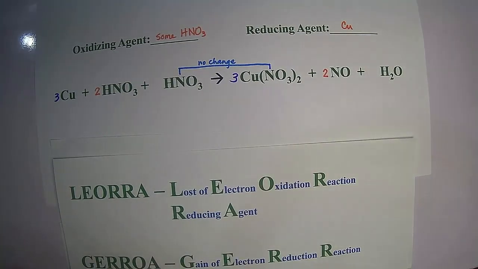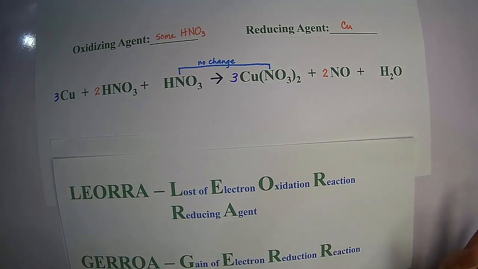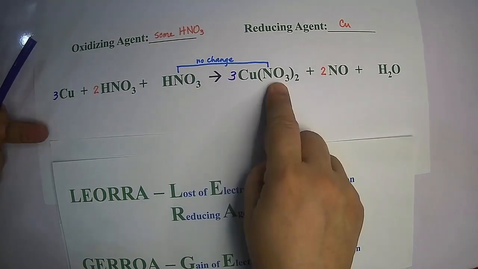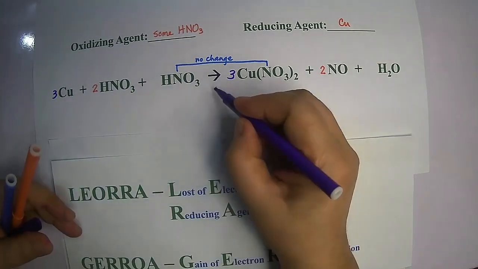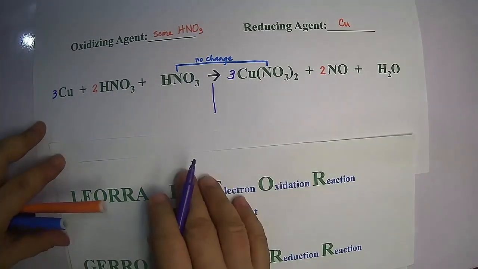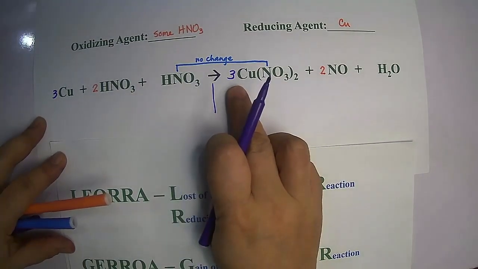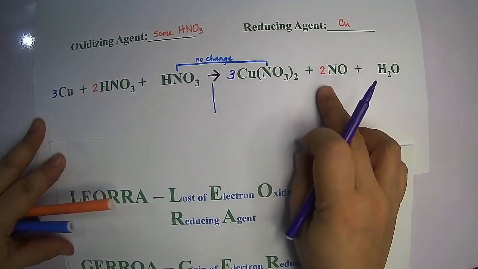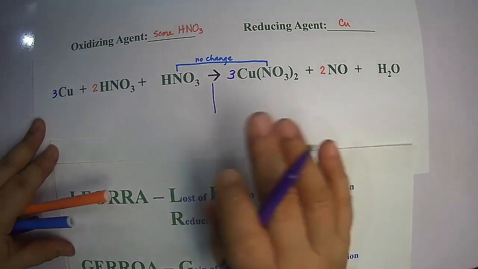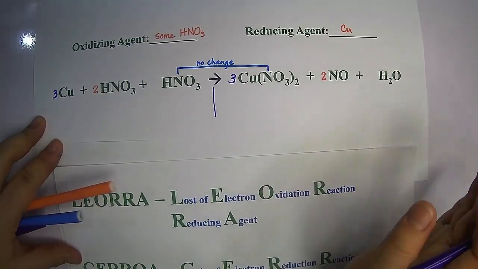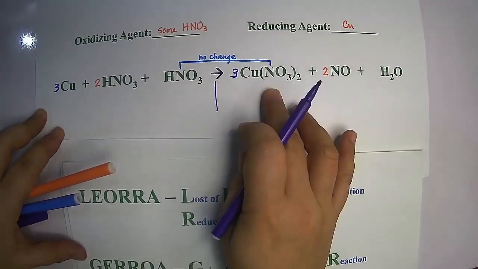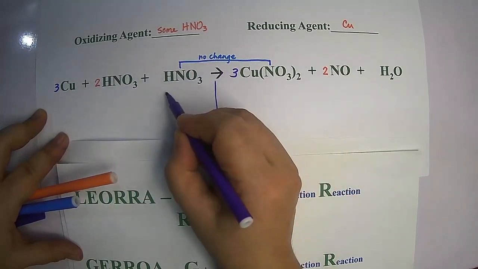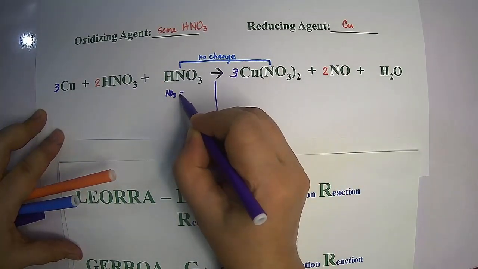Next, there is no remaining metal, but we have an ion, nitrate, that is not changed. So balancing that, we balance the electrons that change oxidation number, followed by metal. We don't have a metal. Then we have the nitrate ion. Here on this side, the nitrate NO3 is 1.